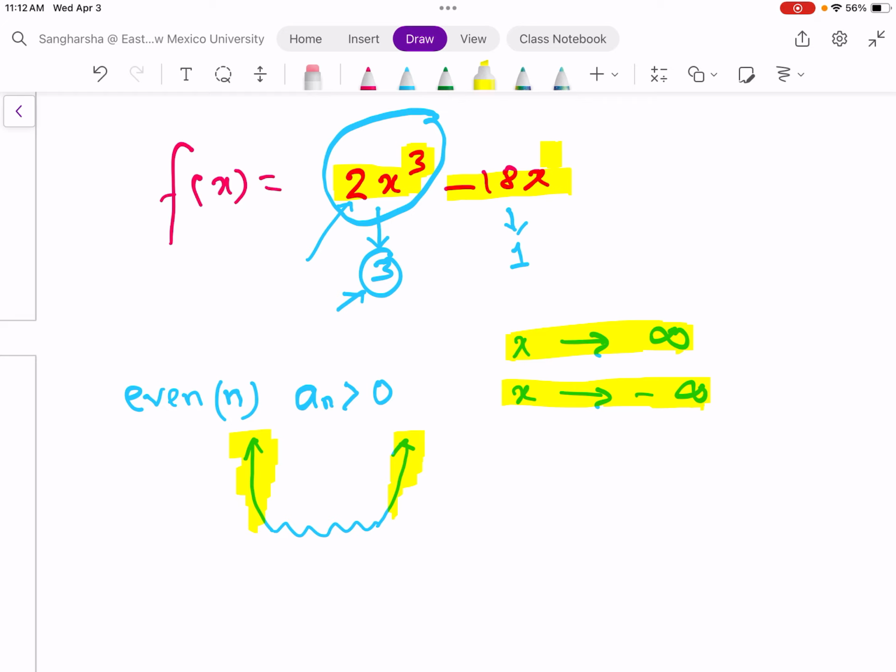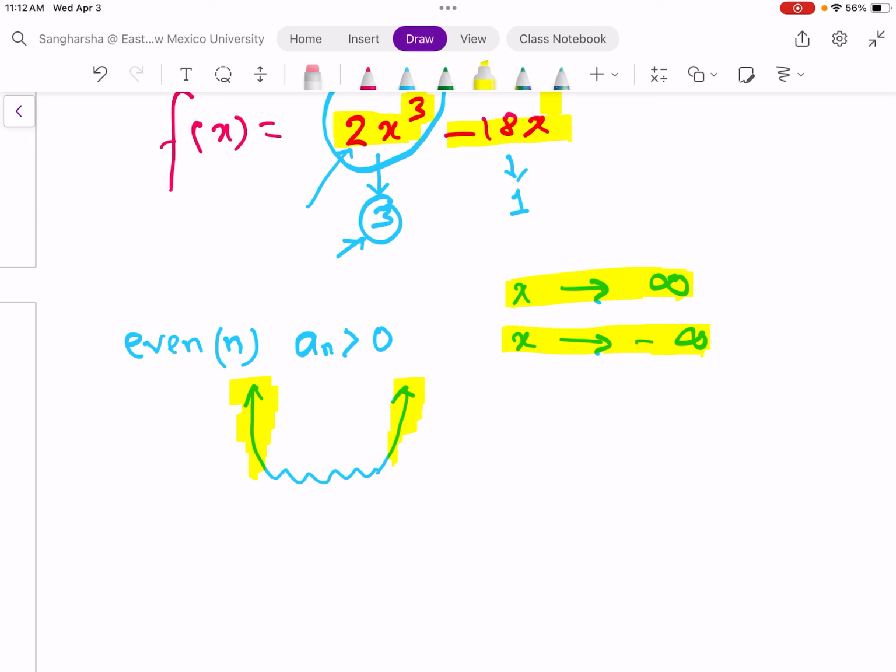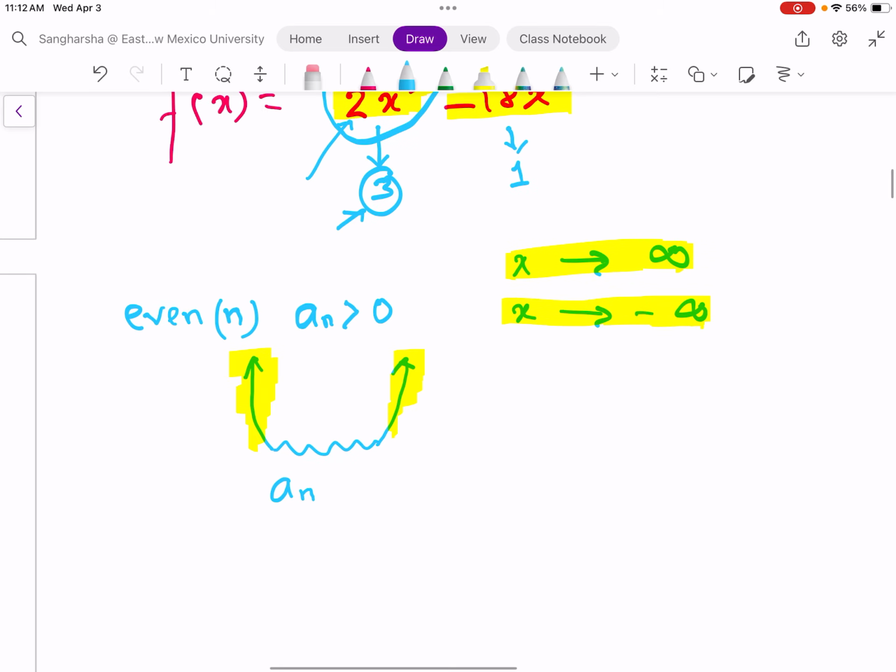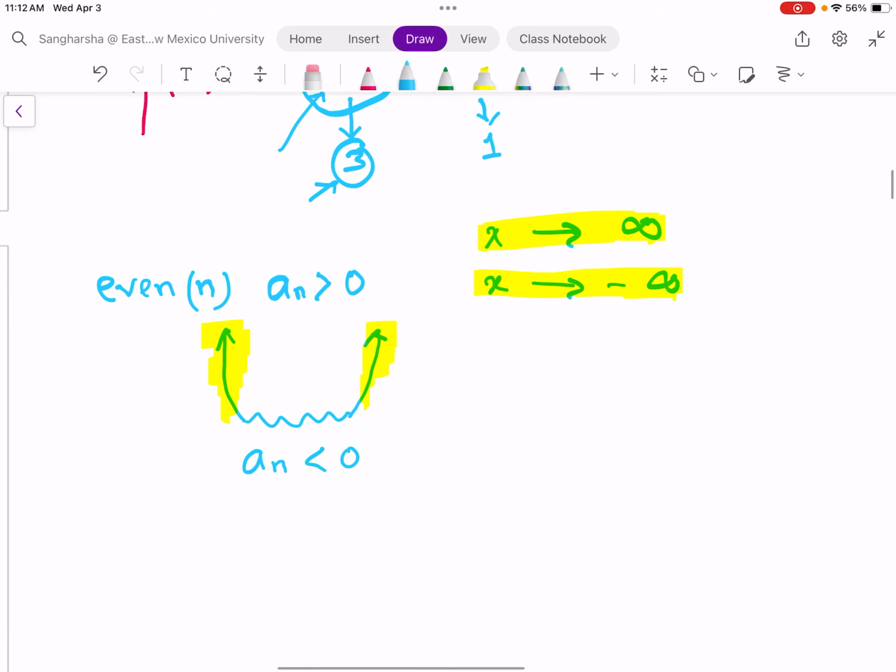Next, if the degree is even but the coefficient of the leading term is less than 0, then what would the end behavior be? It flips, right? But the degree has to still be even. This is the graph we get on the left side, this is the graph we get on the right side, and we don't worry about what happens here.